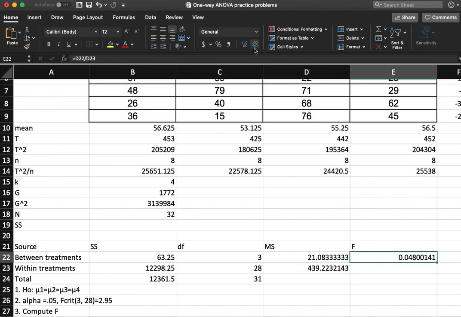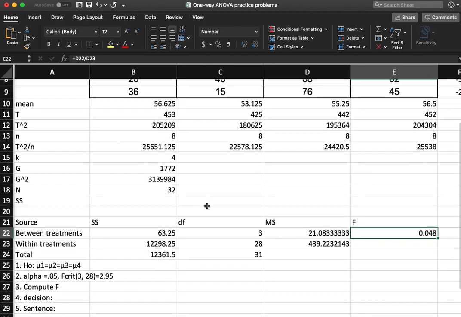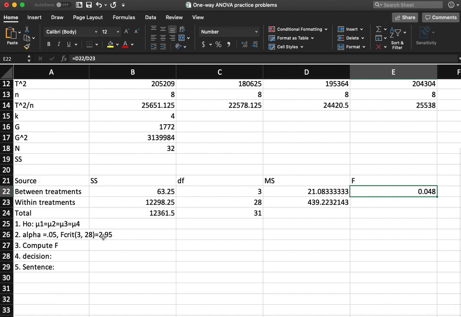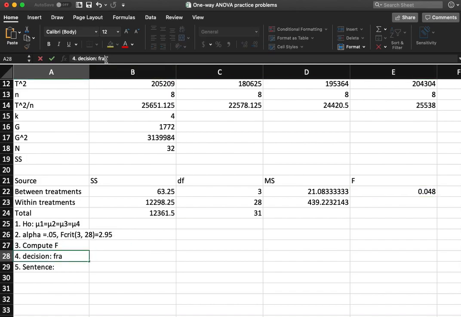This F is very tiny. That's small. It's certainly smaller than 2.95, and so our decision is to fail to reject, or retain the null.